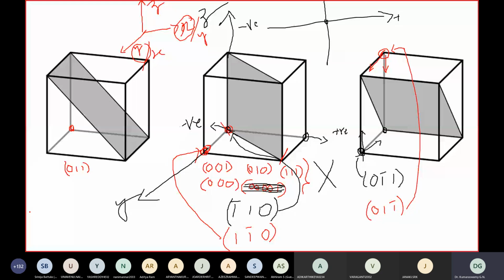Sir, will they mention those coordinates in any question? No, they will not tell. They will just ask you to represent 0 1 1. You have to write the coordinate system, represent x, y, z properly, and then mention it.